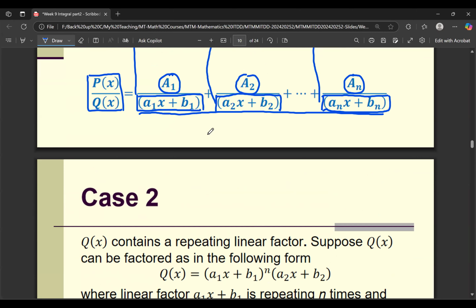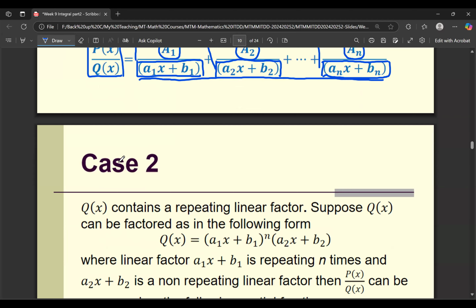Okay, now let's go to case two. Case two says that Q(x) contains repeating linear factors. What is repeating?